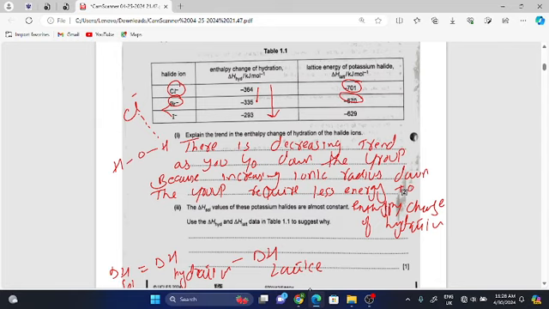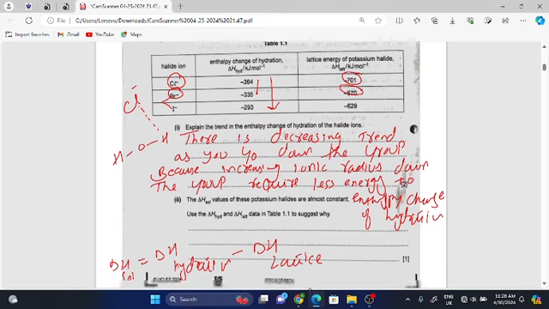So it means that as you go down the group, the enthalpy change of hydration between chlorine and bromine seems to be the same as that between bromine and iodine, because the magnitudes of their values have very little difference between them.